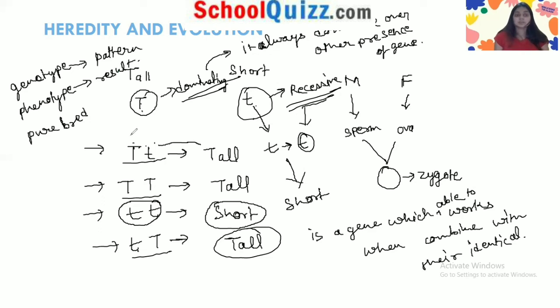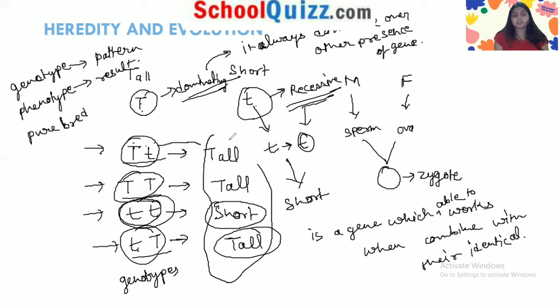Okay, see here, the tall and short, the tall and tall, the short and short, the tall and short. These are the genotype. It means they are more like a pattern. And the result we came up with from the genotype is called the phenotype. Okay, so these are the genotype and the phenotype.